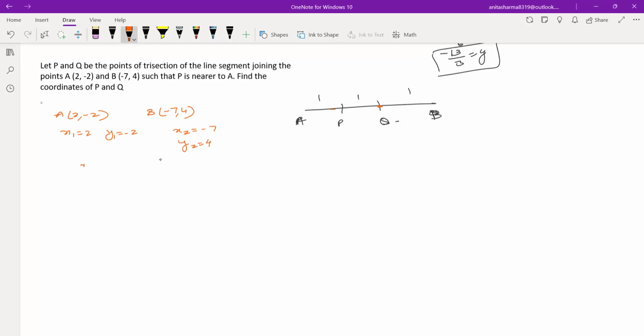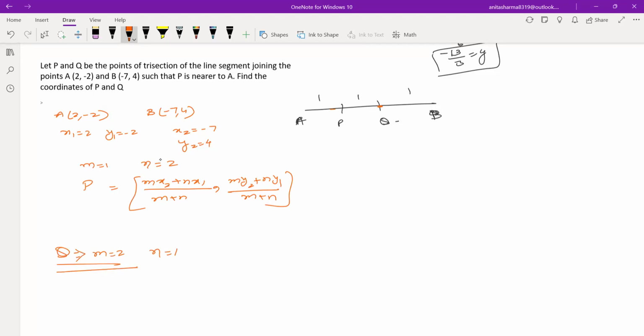So children, by the section formula, you will find the coordinate of P, right? It will be mx2 plus nx1 upon m plus n, comma my2 plus ny1 upon m plus n, right? Yes, ma'am. So for this Q point, the value of m will be 2 and the value of n will be 1.